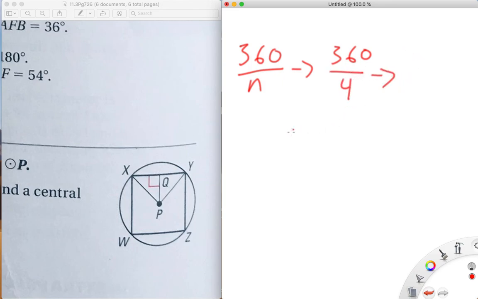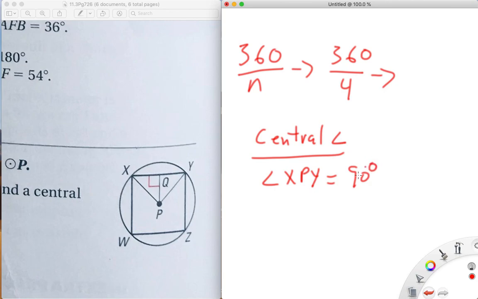So the central angle, and this is going to be angle XPY, is equal to 90 degrees. That is our central angle.